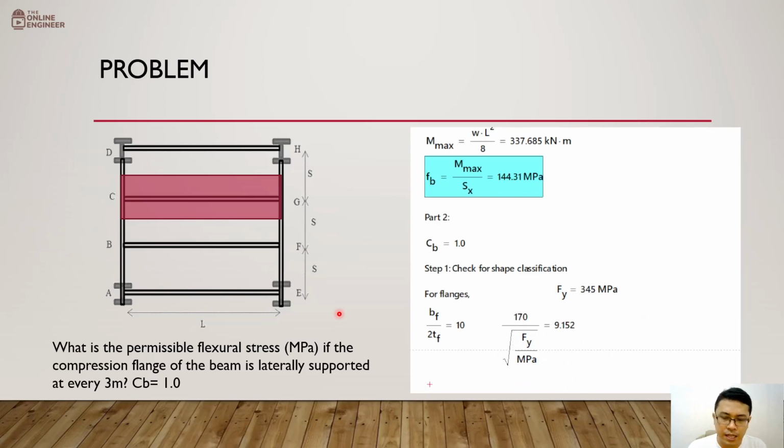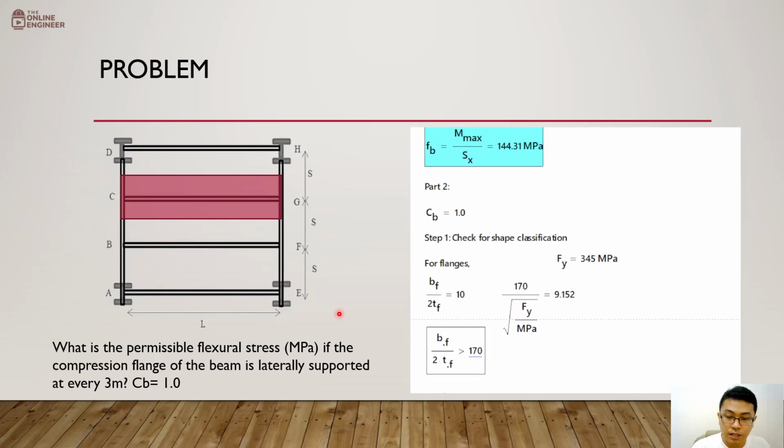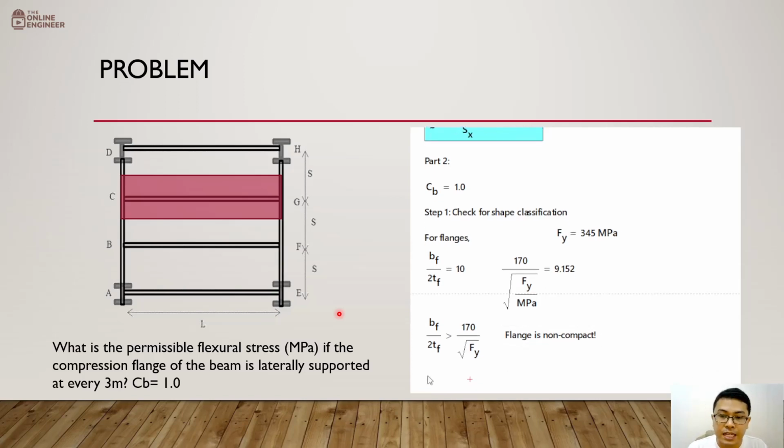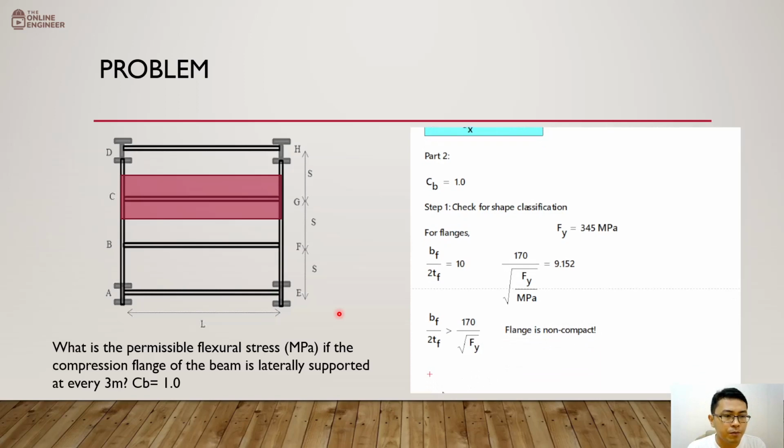What you notice here is our BF over 2TF is now greater than 170 over the square root of Fy. That means the flange is non-compact because it has exceeded the limit for compact classification. Now, what about the web? Let's now consider the web.